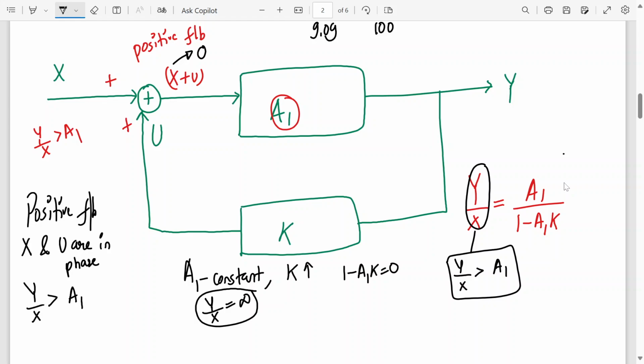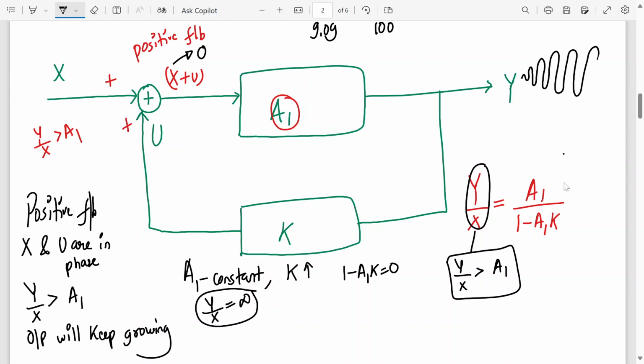That means my output will keep growing. If my output signal is like this, it will keep on growing above if it is not limited. Are you understanding? And this situation will happen when this condition is reached.